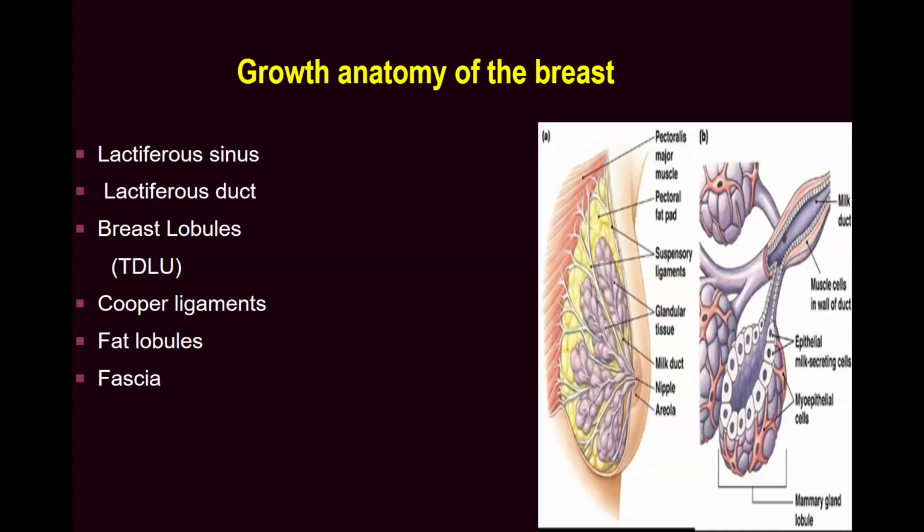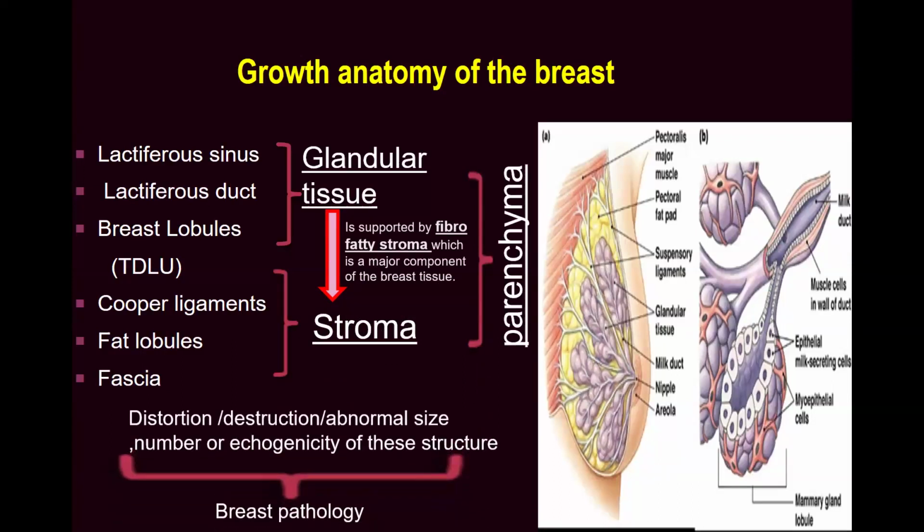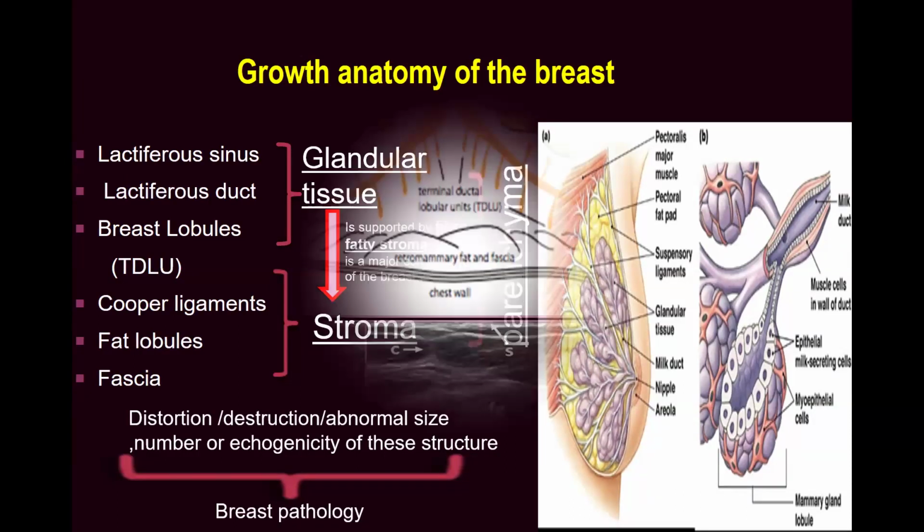As you know, we have a gland with a duct and lobule component together representing the glandular composition of the breast, embedded into a fibrofatty stroma, together forming the parenchyma. And any distortion or destruction in the parenchyma results in a breast pathology.